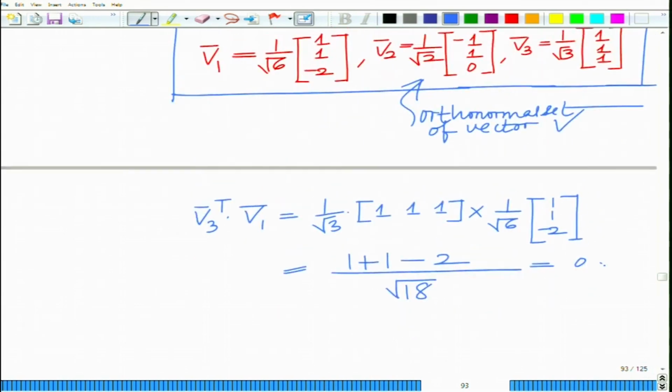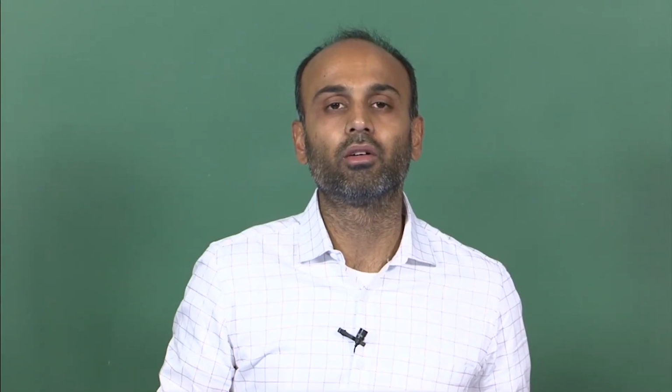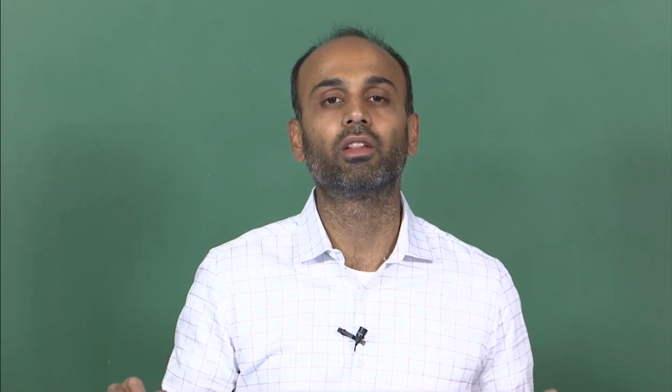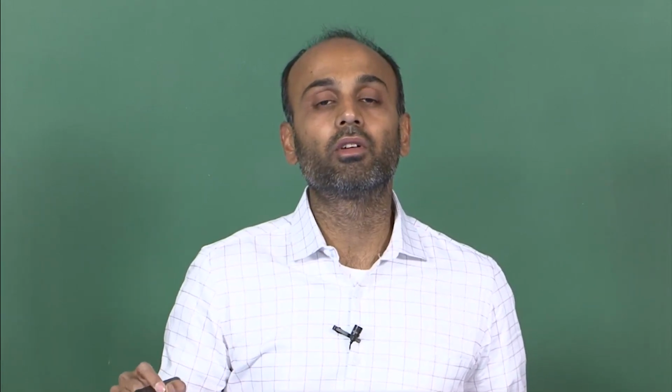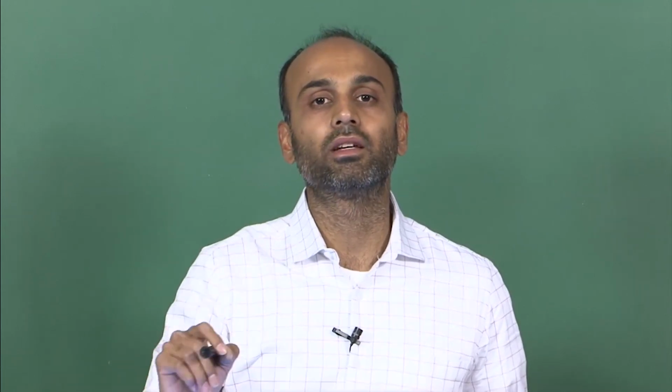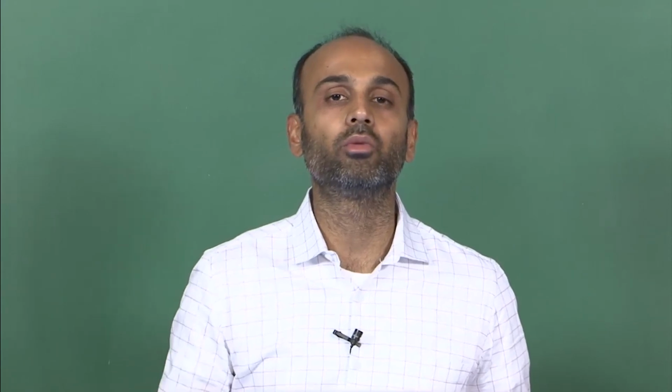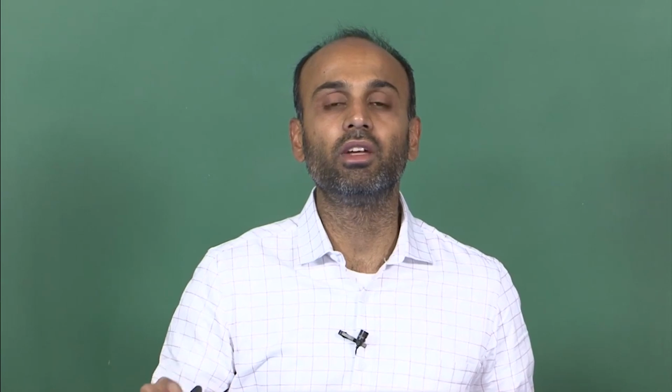And you can similarly check the inner product for V3 bar transpose V2 bar. In fact, you can readily see that they are also orthogonal, therefore V1 bar, V2 bar, V3 bar is an orthonormal set. And remember, the important thing about this is they span the same subspace as the original vectors U1 bar, U2 bar, U3 bar. So, that is the connection between the new set V and the old set U bar.